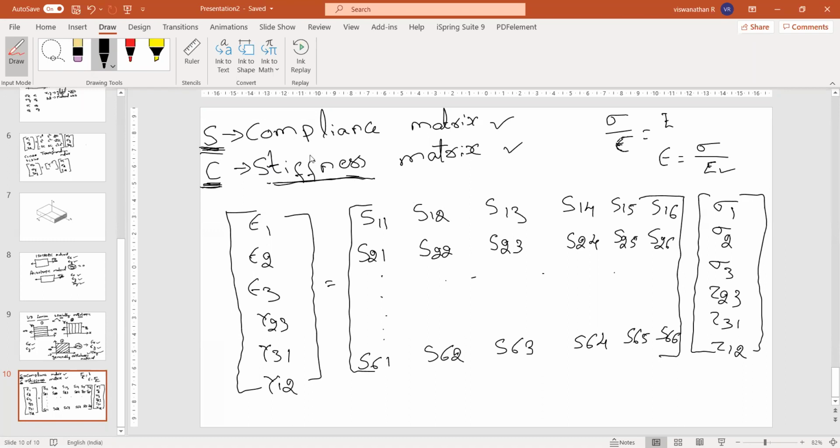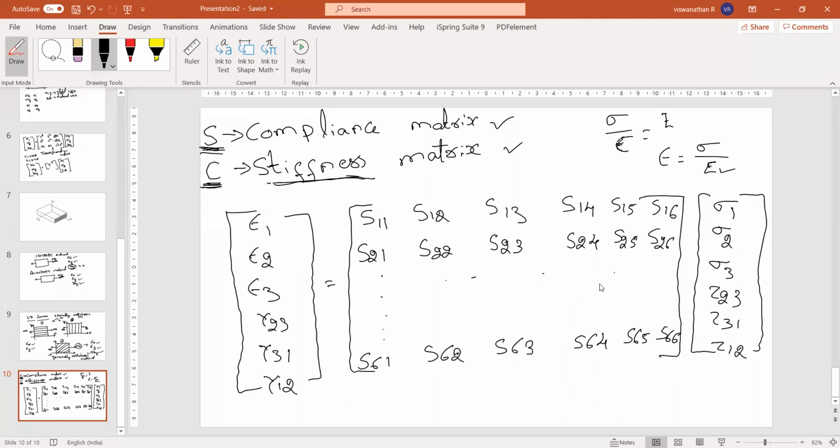All books follow S as the compliance matrix and C as the stiffness matrix. Here S is the starting letter, but S is used for this; C is the starting letter, but C is used for this. Just the reverse. Don't get confused, but this is what is followed in books. Otherwise, you won't be able to refer to the textbooks.